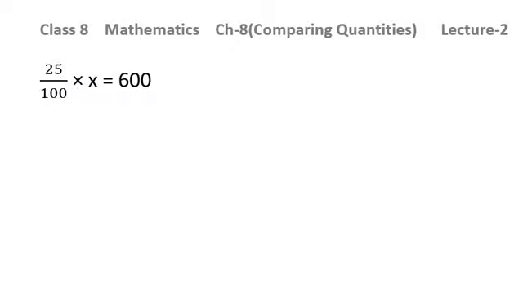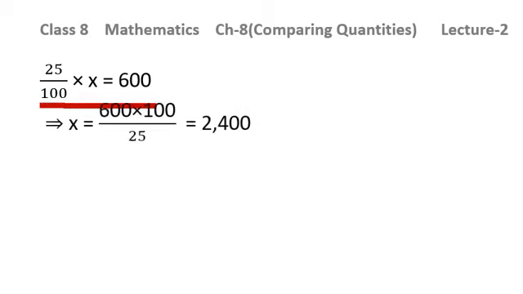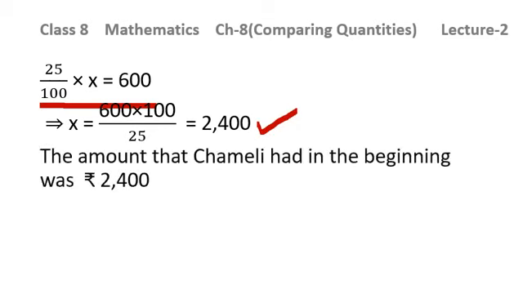Then, simple, 25% was there, so we have taken 25 over 100 into x is equal to 600. Then it will be 600 into 100, this 100 will be shifted to the numerator on the other side and divided by 25, so it will be 2400. So the amount that Chameli had in the beginning was rupees 2400.